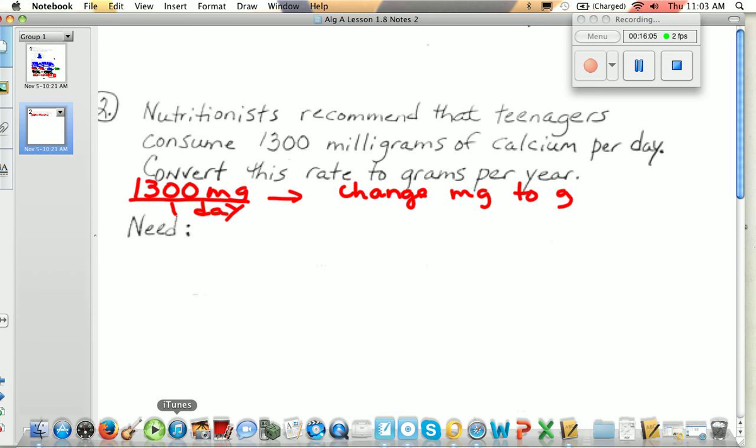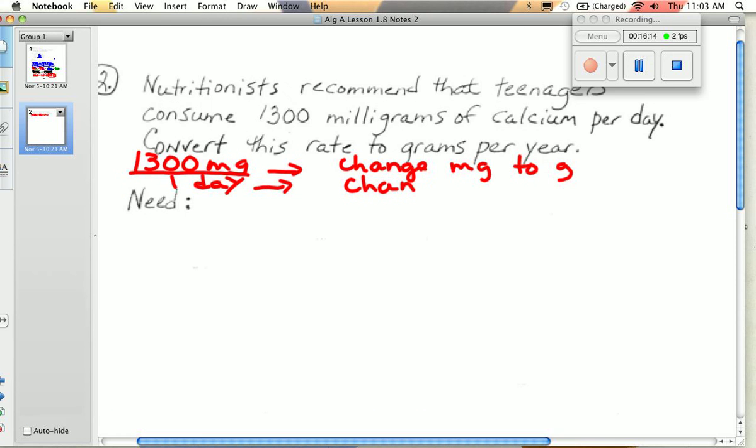And downstairs, do we need to change the days? Yes, they need to be changed to years.